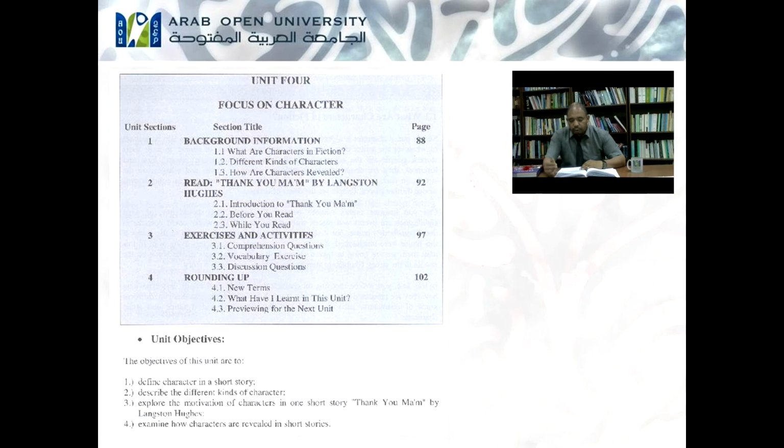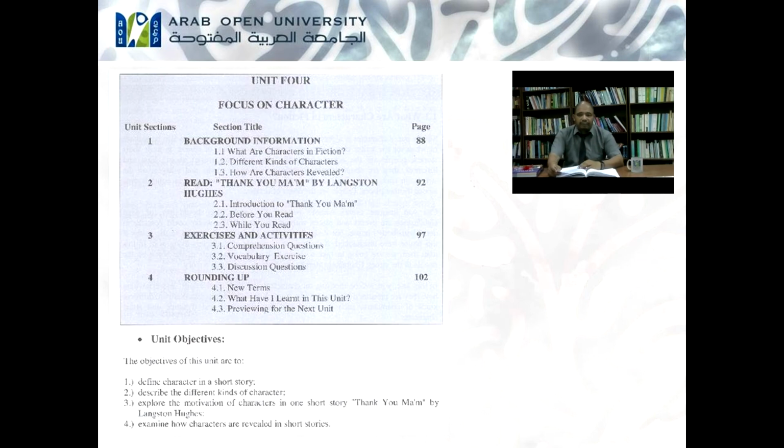So like I told you, unit 4, focus on character, and then you have the number of sections that I told you about. Section 1 is the background information part, where a definition or an attempt at a definition of characters is given, and then is followed by different kinds of characters.